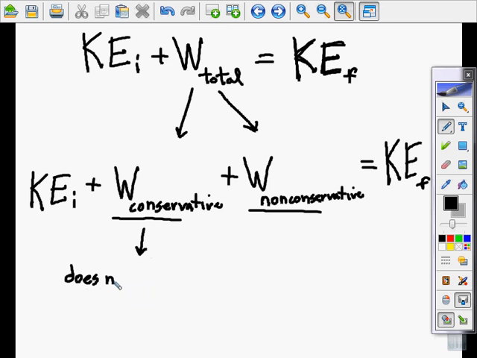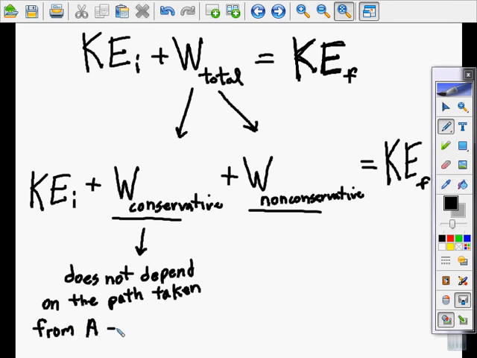So basically, conservative work does not depend on the path taken from the starting point A to the ending point B. You're always going to get the same answer when you're calculating the conservative work. It does not depend on the path taken.